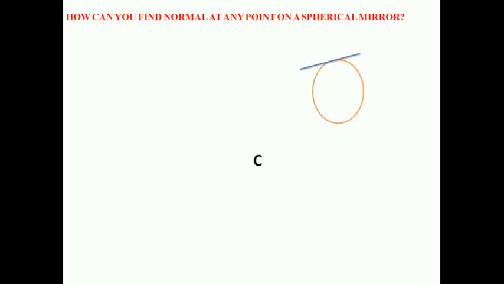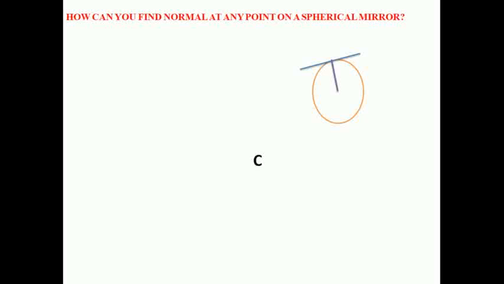The blue color line represents the tangent. Now at the same point I am drawing a perpendicular line to this tangent. What does that perpendicular line represent? That perpendicular line represents the radius of that particular circle. Any perpendicular line drawn to a tangent of a circle represents the radius of that particular circle.